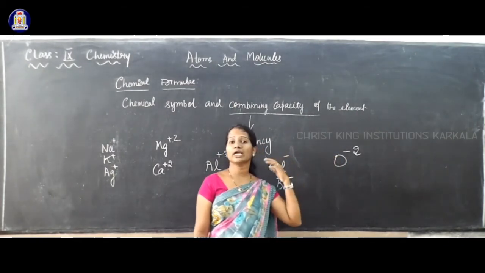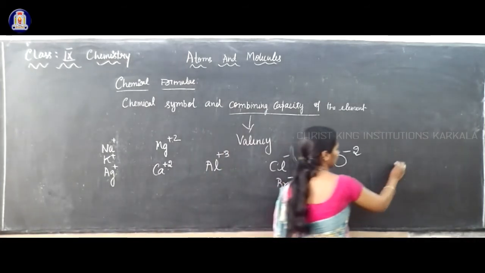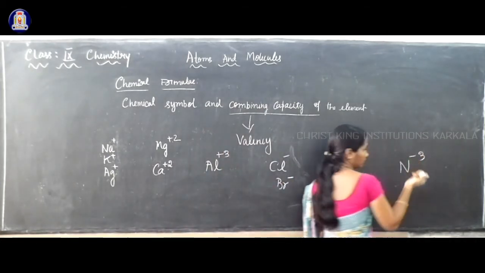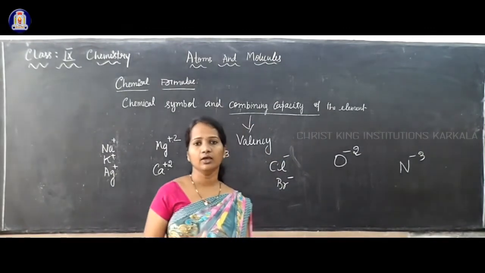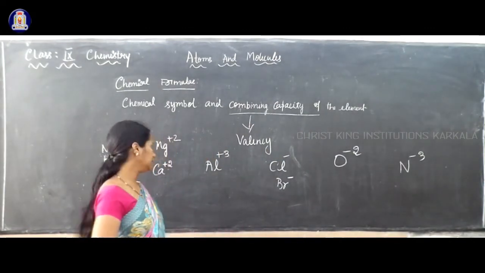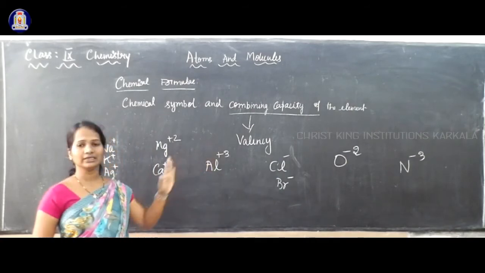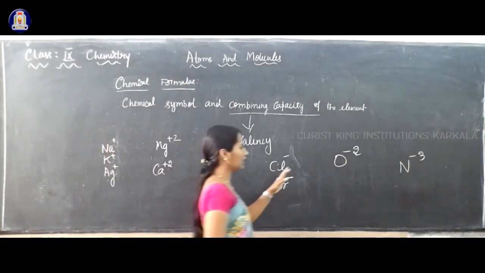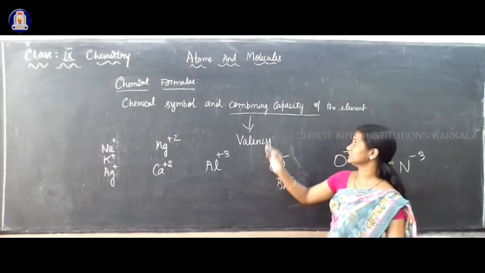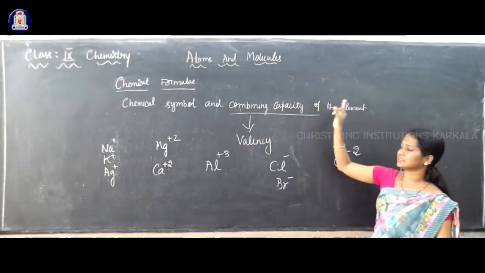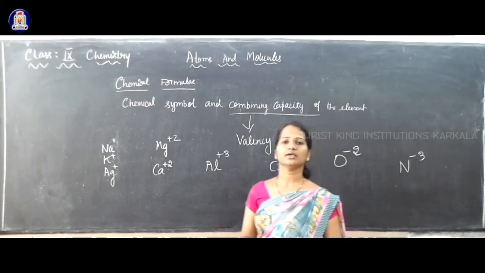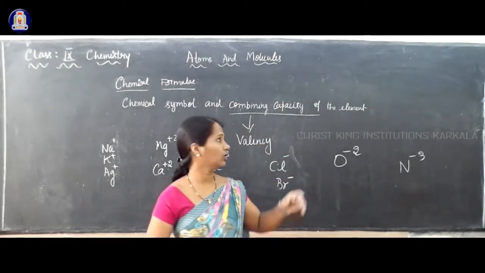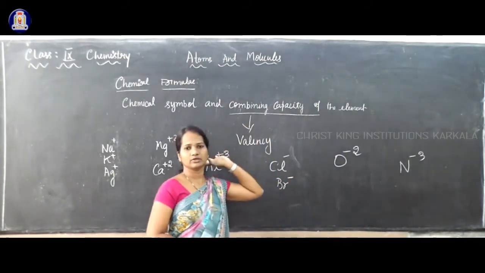When you go to nitrogen, nitrides, it is -3. It receives 3 electrons. So if you know properly the symbols of different elements and their valencies, that is, the combining capacity of the element, how many electrons participate in the chemical reaction, that is called the combining capacity of the element.